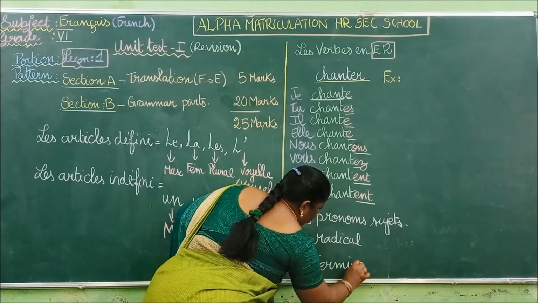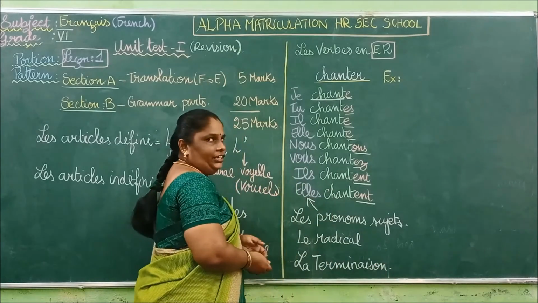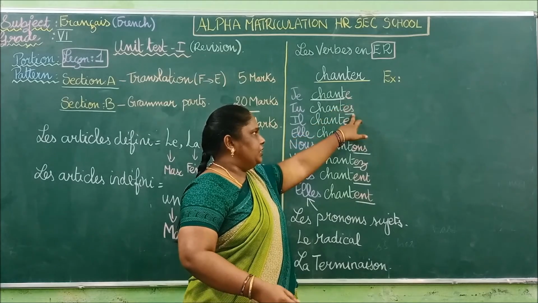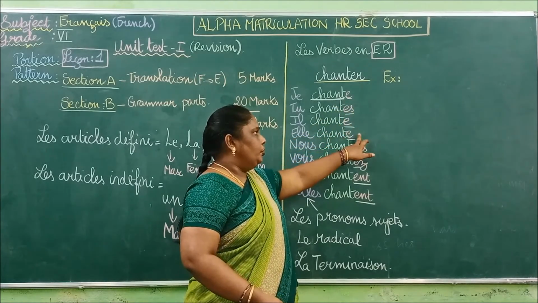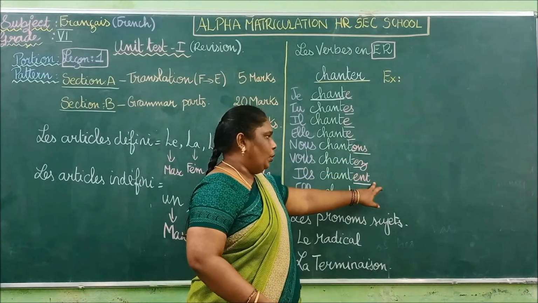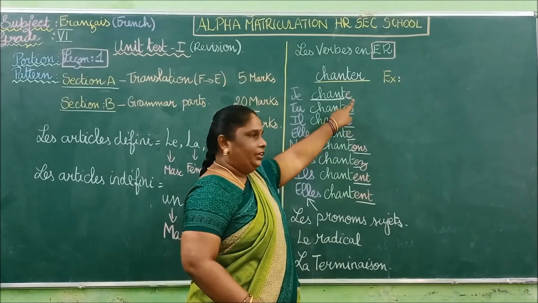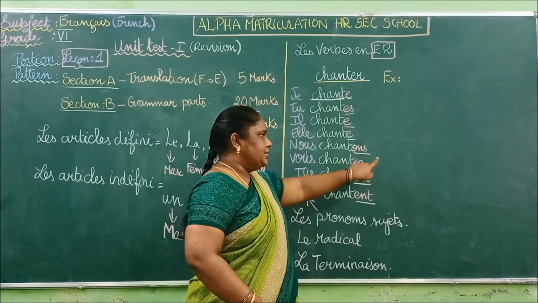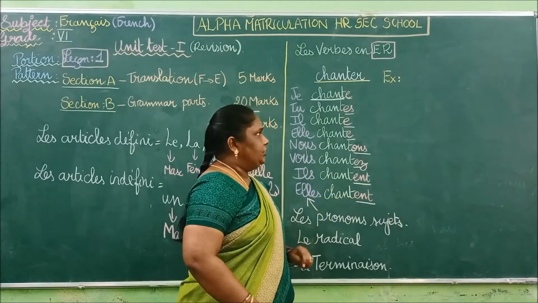Yes, so the ending is called la terminaison. So we have the endings of the first group verb: es, e, ons, ez, ent. In English, E-S, E, O-N-S, E-Z, E-N-T.